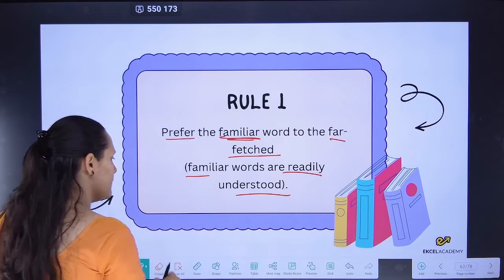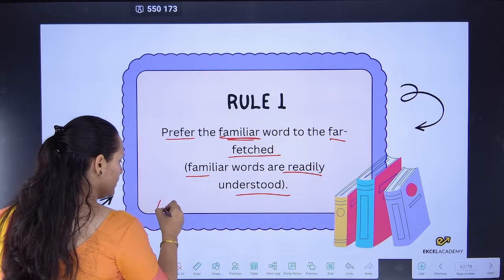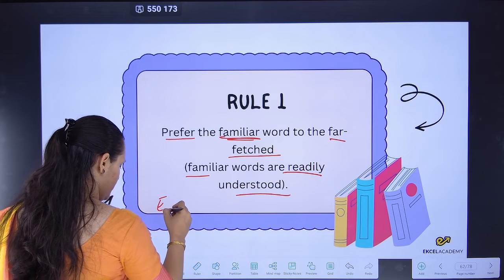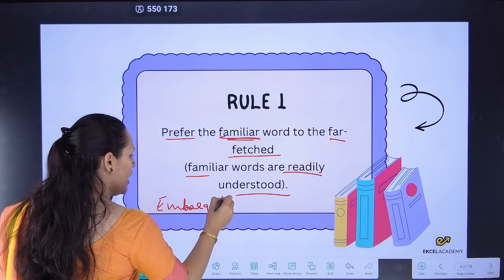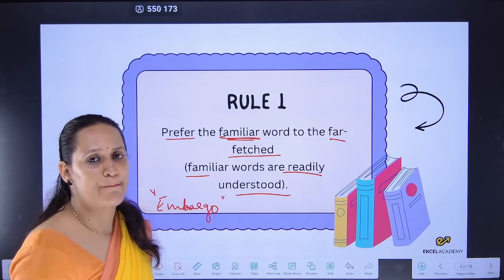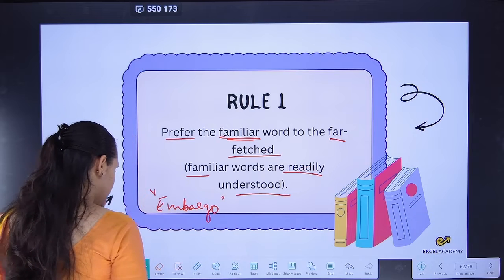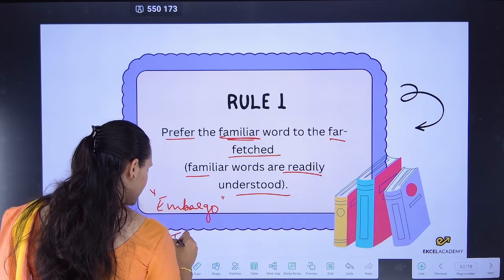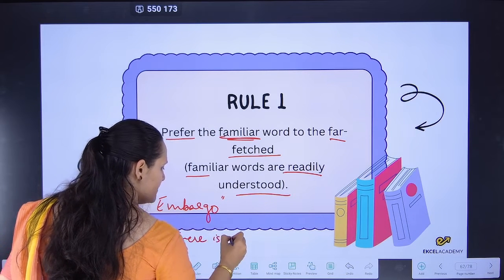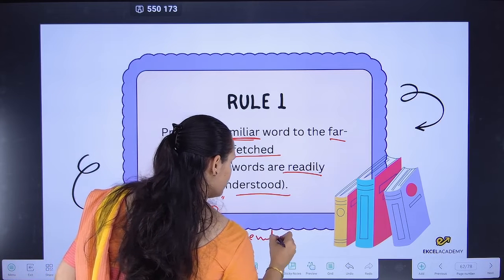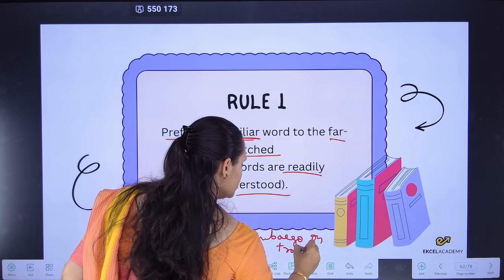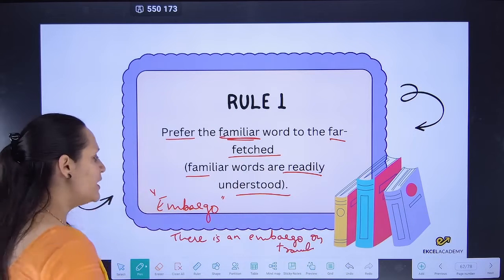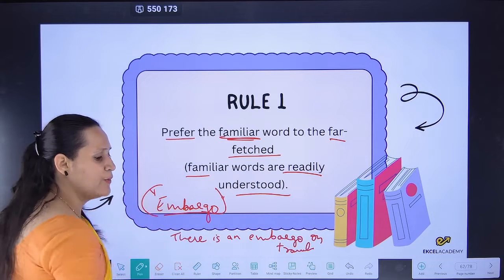Let's take an example. If I say embargo, how many of us know the meaning of the word embargo? If I say that there is an embargo on travel, how many of us will be able to understand this particular sentence? Because the word embargo is not used in common language by the people.